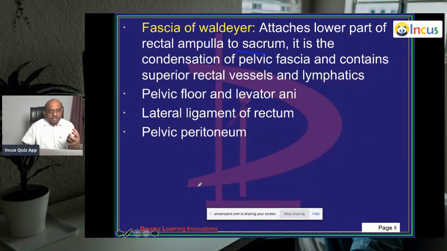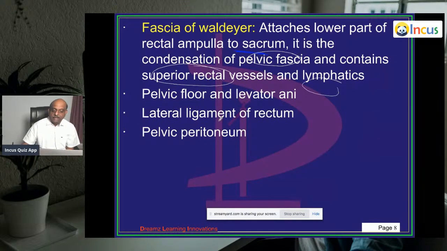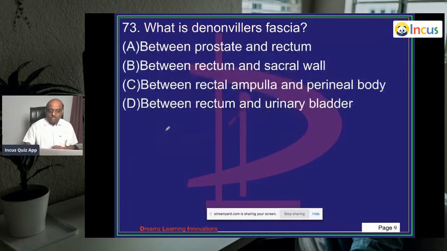Waldeyer's fascia is the condensation of the pelvic fascia. It contains superior rectal vessels, lymphatics, the pelvic floor, levator ani, lateral ligament of the rectum, pelvic peritoneum, they are all the surrounding structures.